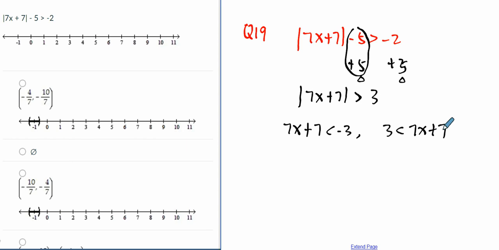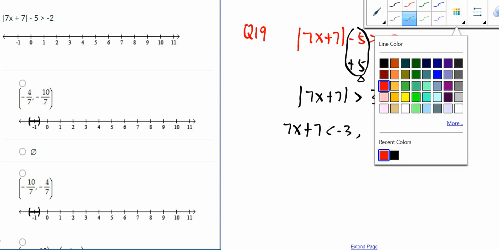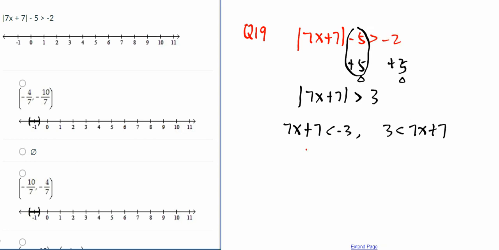Now keep going. You then have minus 7 on two sides. So you want to cancel the positive and negative.